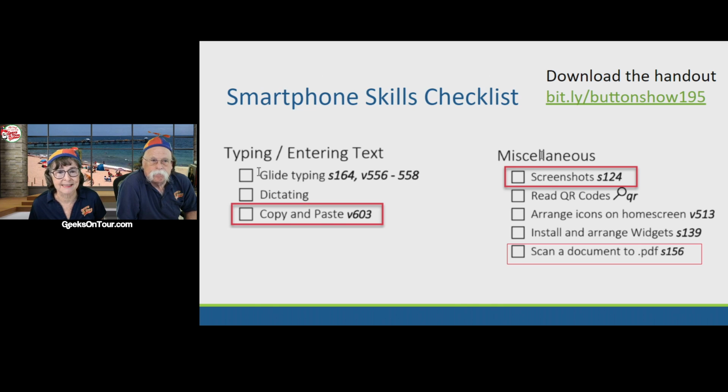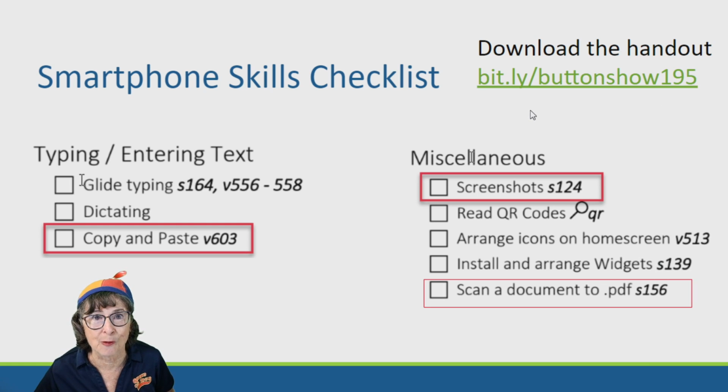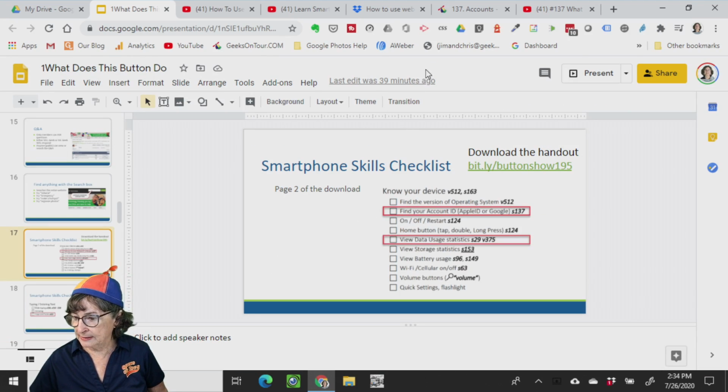Copy and paste. You say, oh, wait a minute, I know how to copy and paste. Well, on a computer, I'm sure, but how about this is something that I look for people to understand how to do on their phones, and that's a V603. So that means it's one of our tutorial videos, and let's go find it.